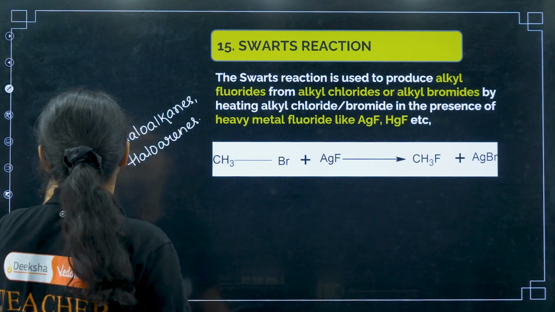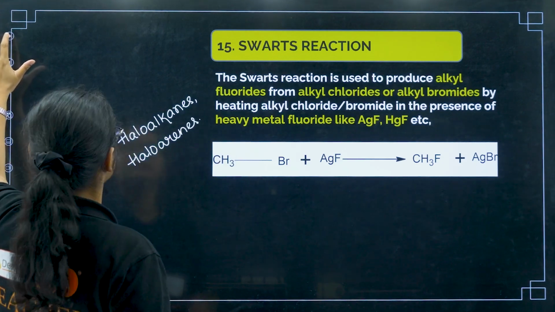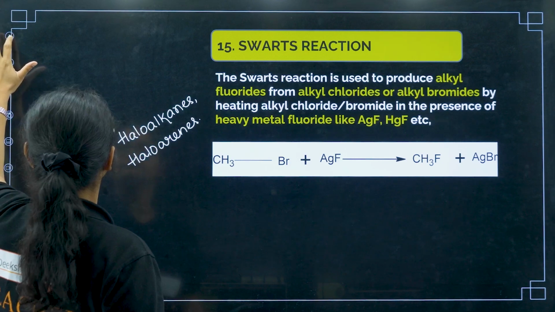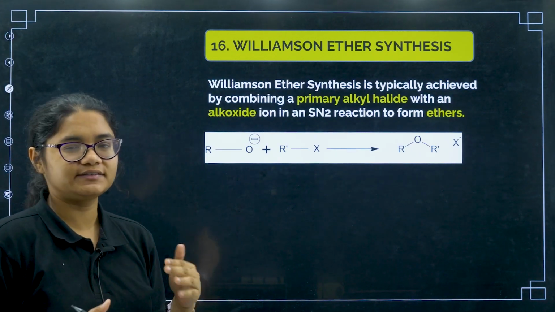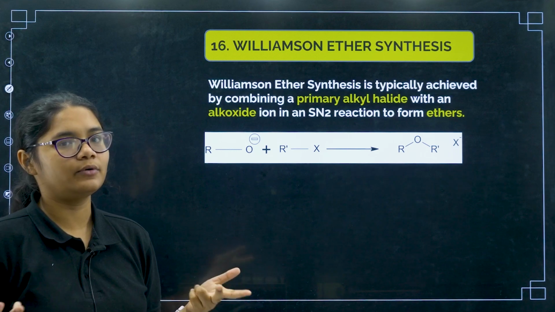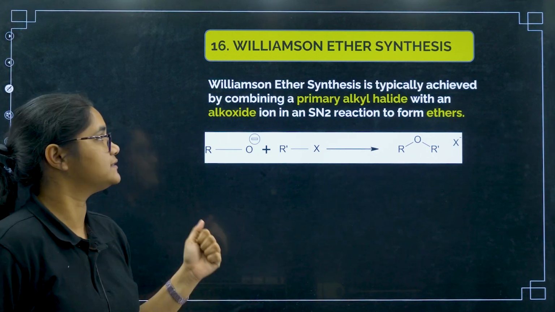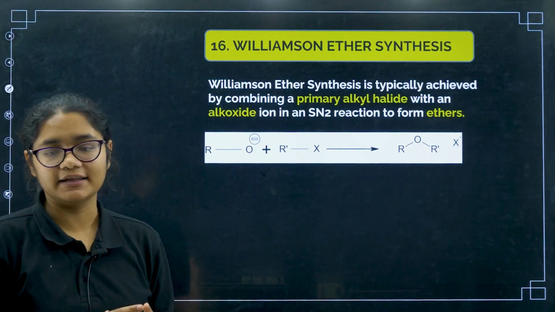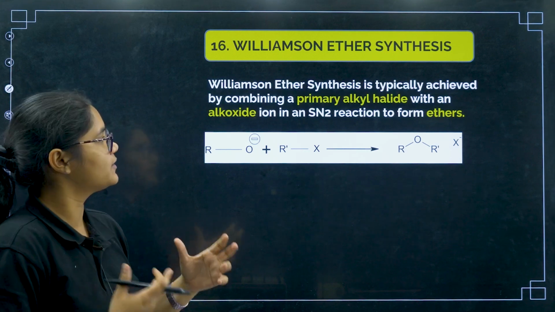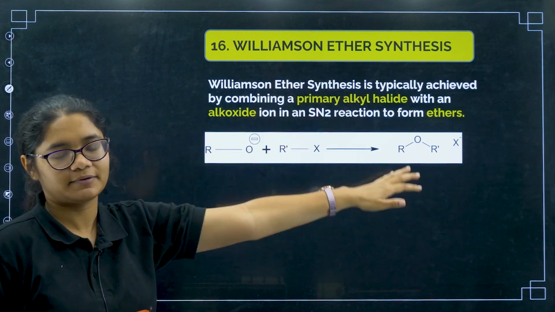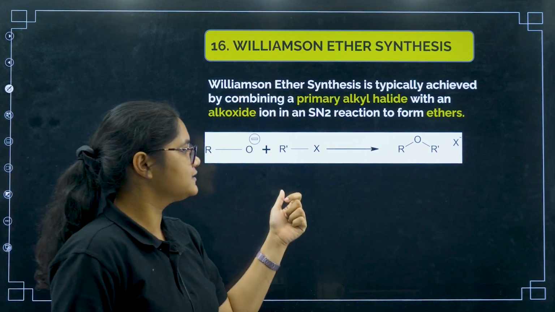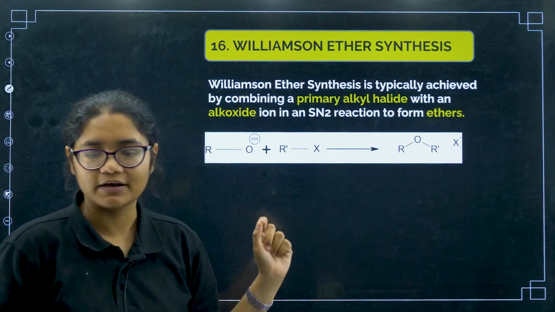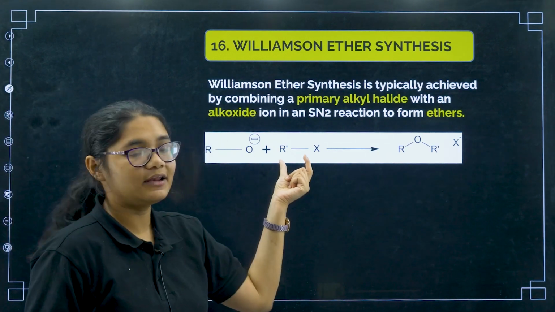Now we will move to the 16th one, which is Williamson. O, P, Q, R, S, T, U, V, W, X, no reaction, Y no reaction, Z, W we have Williamson ether synthesis. From the name only, you know, it is used for the preparation of ethers. Here we have RX and RO-, one alkoxide ion and one halide.